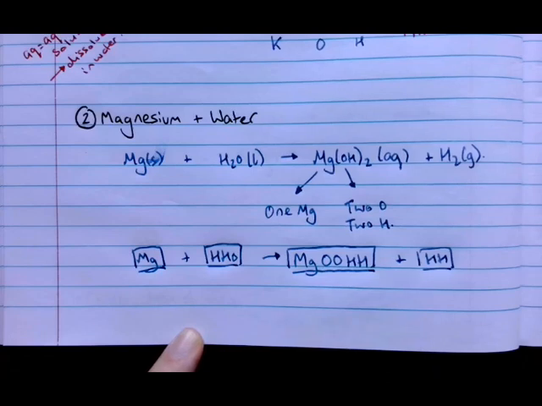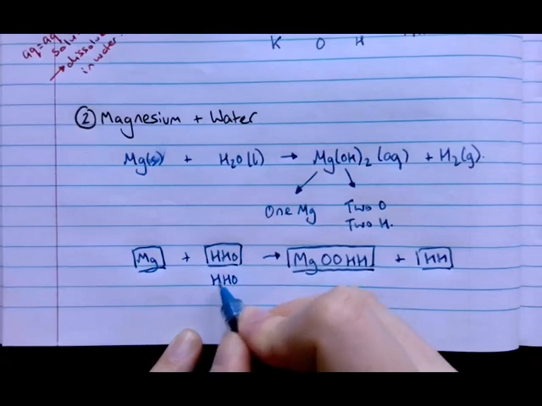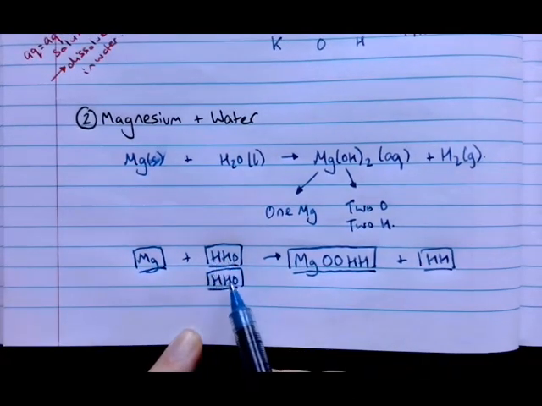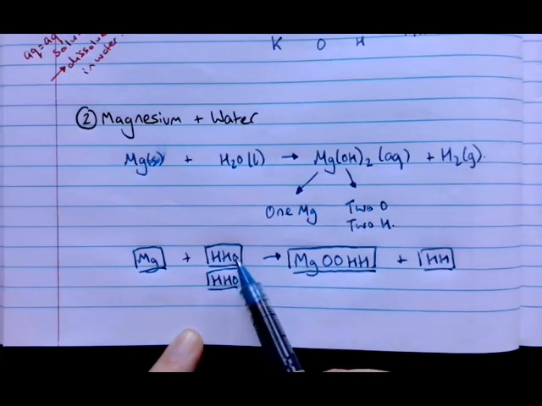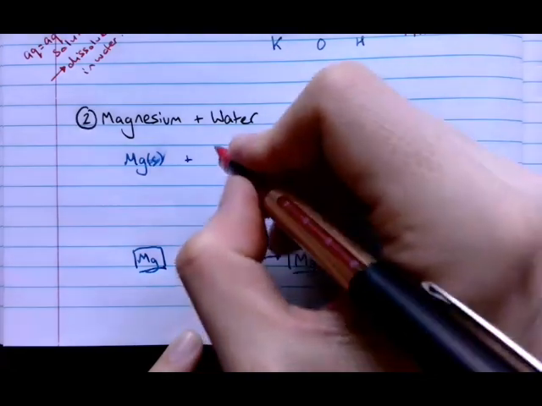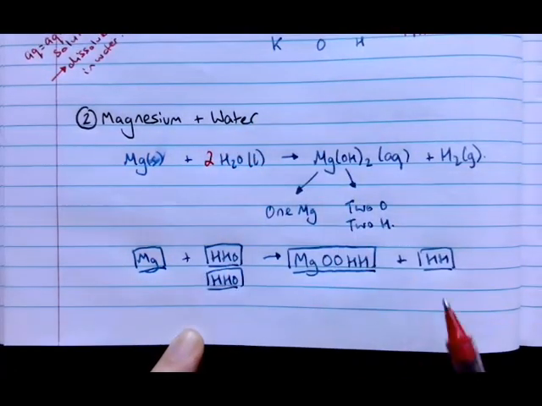So I need 2 more hydrogens, which I can get by adding 1 more water. So now hydrogens 1, 2, 3, 4 and 1, 2, 3, 4, that's good. And then I check my oxygens 1, 2, and 1, 2. So we're balanced. I've got 1 of these, leave that like that. I've got 2 of these, so I just put a 2 in front of there. And I've got 1 of these and 1 of these. So that's my balanced equation.